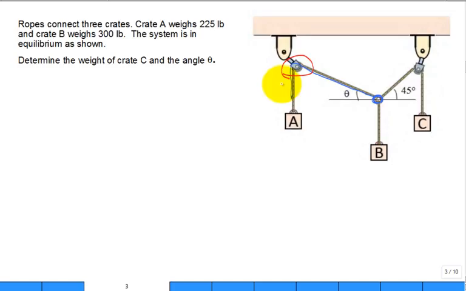So if it can easily rotate this way or that way, guess what the tension is of the rope going around the pulley? Continuous, or do you think it's going to change the tension? The tension is going to be the same. The tension of a rope going around a frictionless pulley does not change.